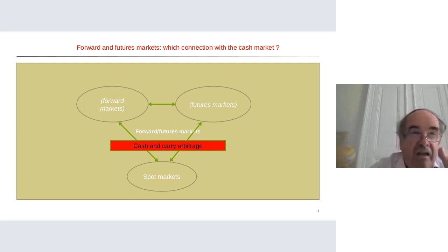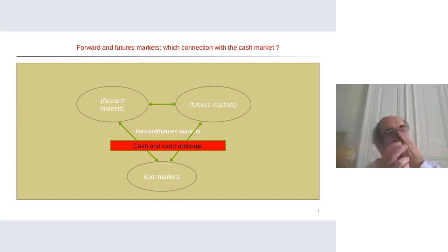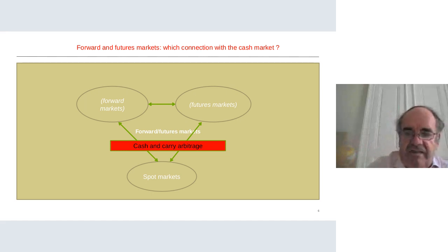And in Chicago, we trade wheat also. We trade rice. We trade many commodities. You can buy in Chicago. Okay, so it's a futures market in this case. And what you immediately think is that the spot price is not very far from the futures price. The 2 markets are very connected. Okay, it's not exactly the same price.